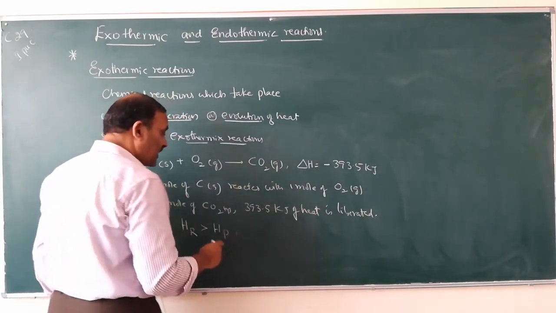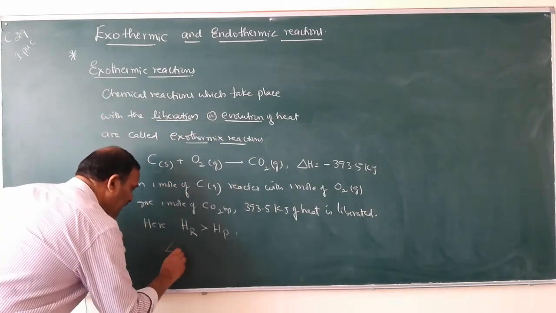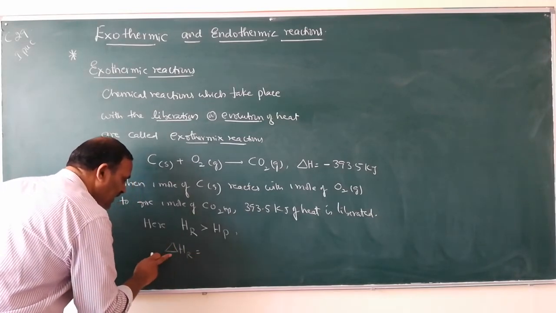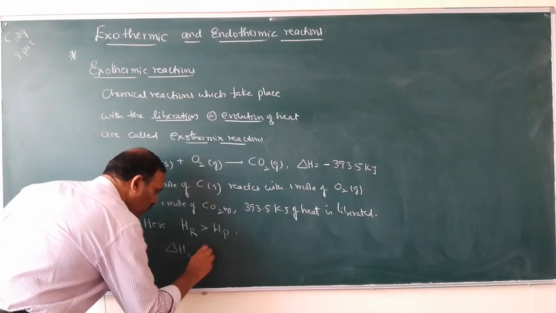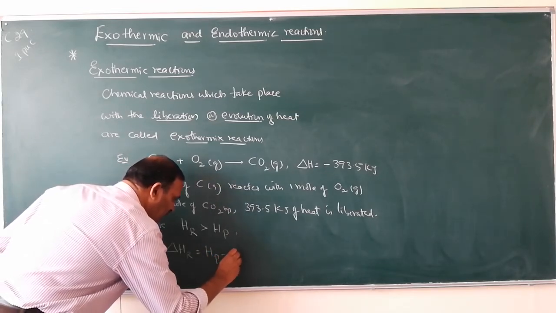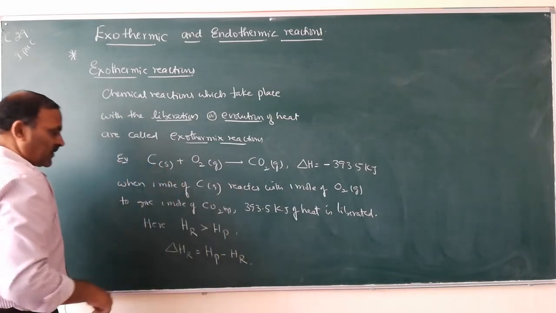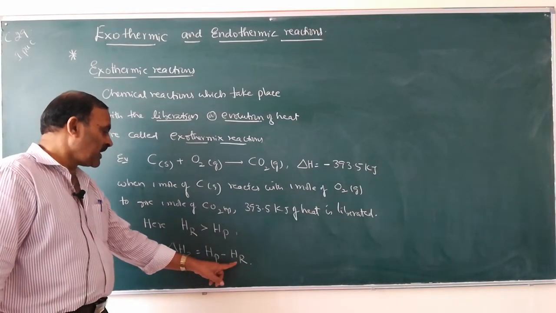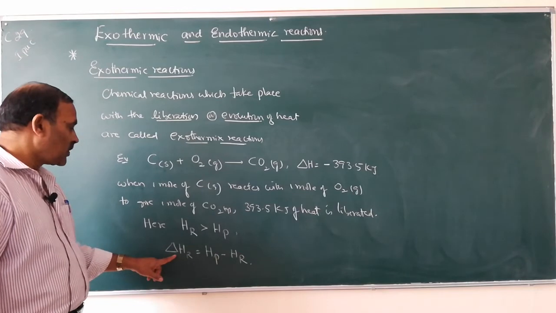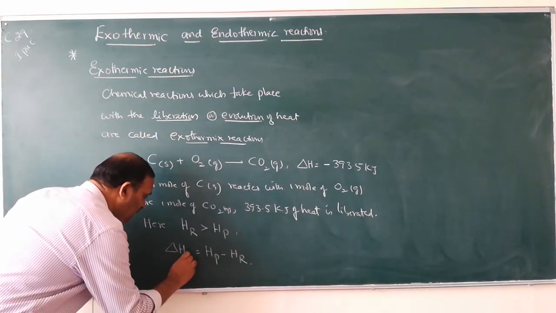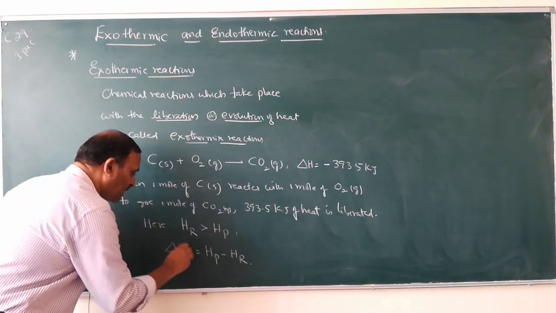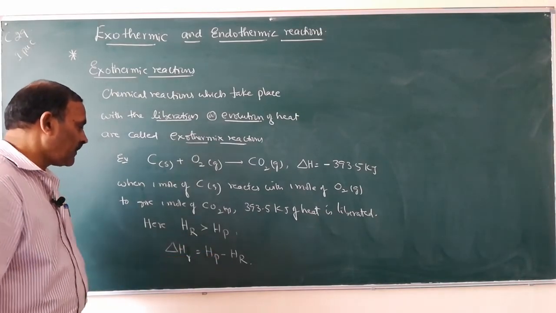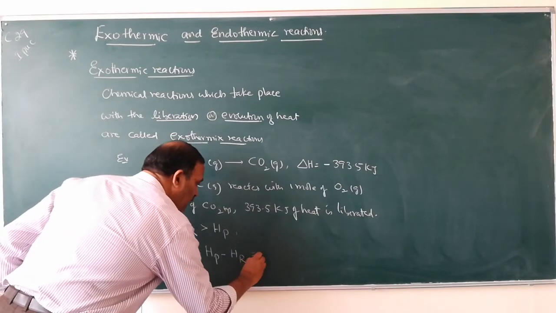So, then what is delta H of reaction? We have defined this one. The change in enthalpy is equal to HP minus HR: heat content of products minus heat content of reactants is equal to enthalpy of reaction. So, since HR is greater than HP, delta H equals what?